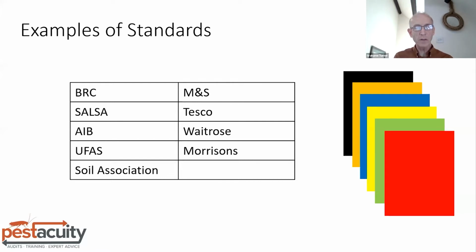The Soil Association, which is an organic standard for people producing organic food. And then you've got various supermarkets that have their own standards. Now, it might be that one food company has to comply with more than one of these standards for their customers to be satisfied.